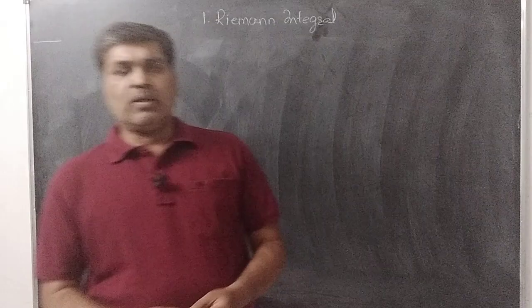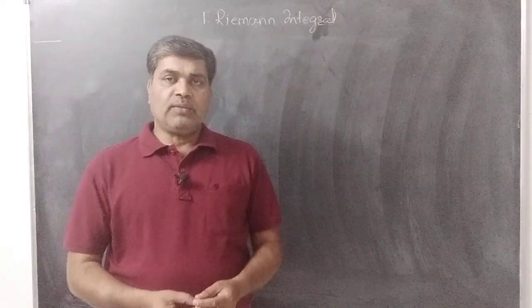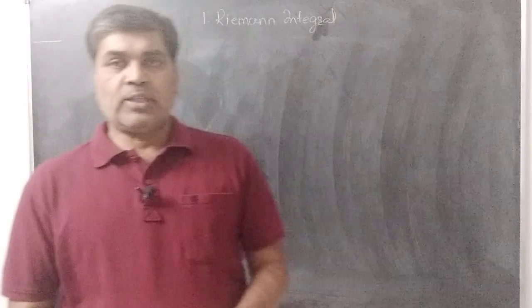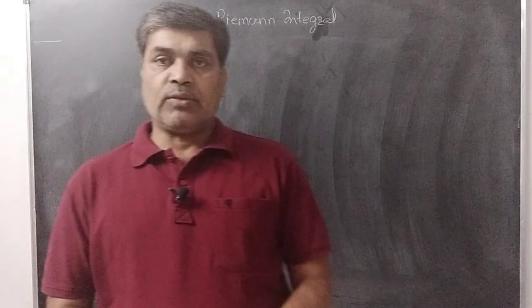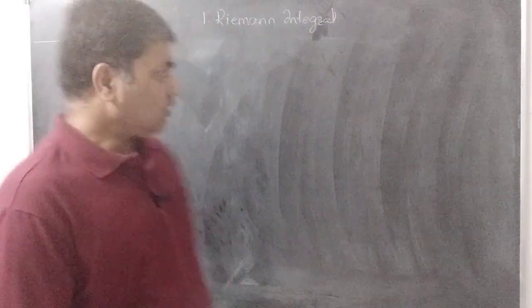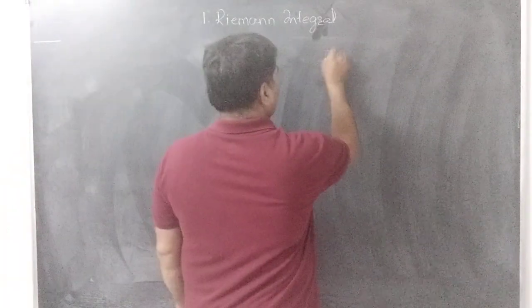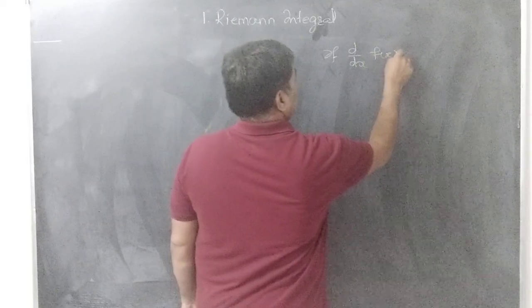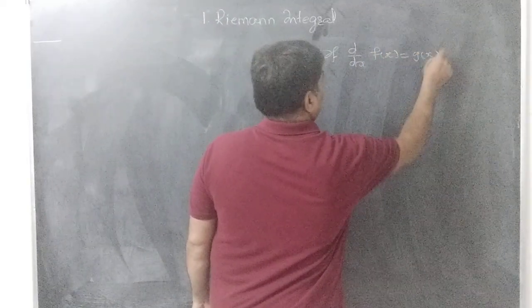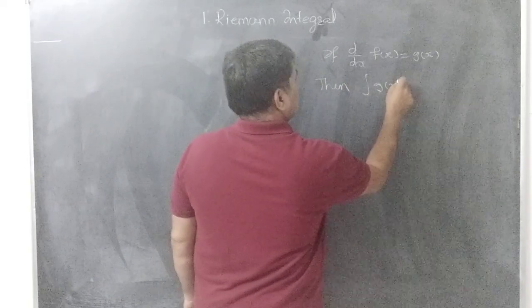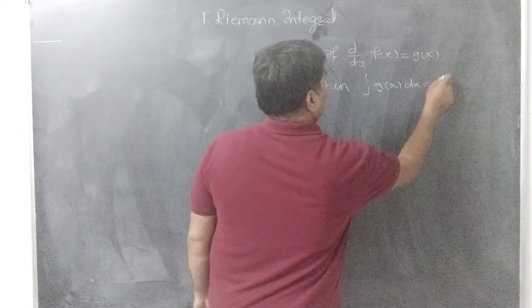You are well familiar with indefinite integral and definite integral, which are studied at higher school level, that is in 11th and 12th standard. What you have studied: if dy by dx of f(x) is equal to g(x), then integral of g(x) dx is equal to f(x) plus c.